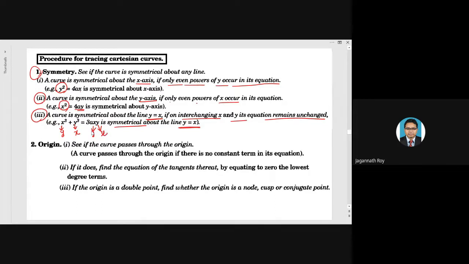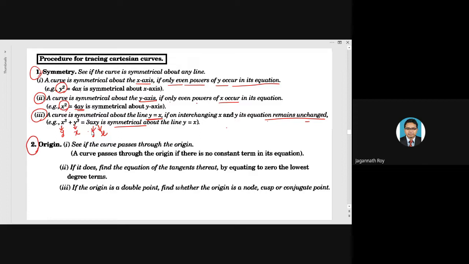And we look at whether the equation is unchanged; then we call it symmetric about that line. For example, for a different case, we may have y equals 2x; if you substitute and it does not change the equation, then we call the curve symmetric about this line. For a different function, we may have such a situation.